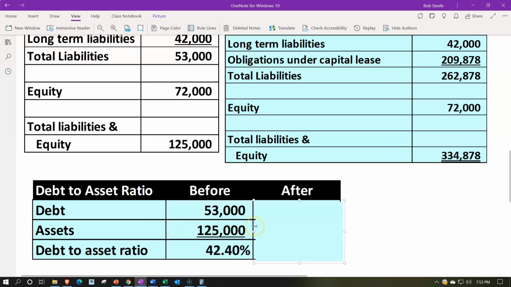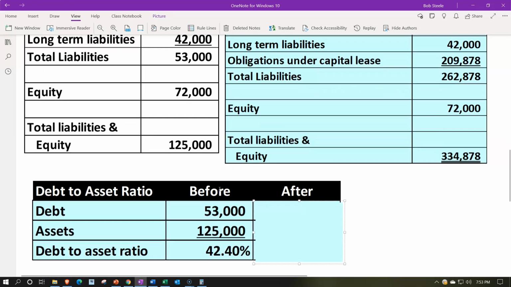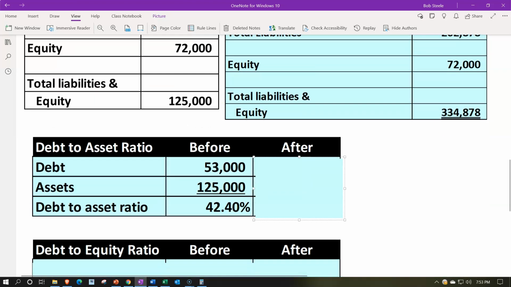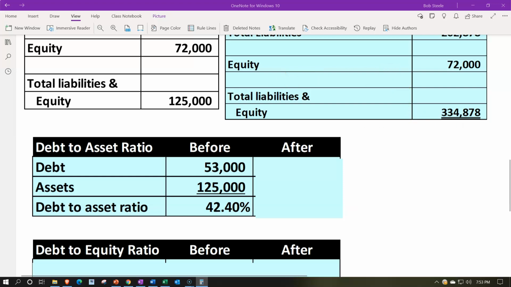If we look at the before numbers, before we had the debt, which was only at the $53,000, compared to the assets which were at the $125,000. If we did the ratio calculation, pulling out the trusty calculator, 53,000 divided by the 125,000, we get to the 42.4%.